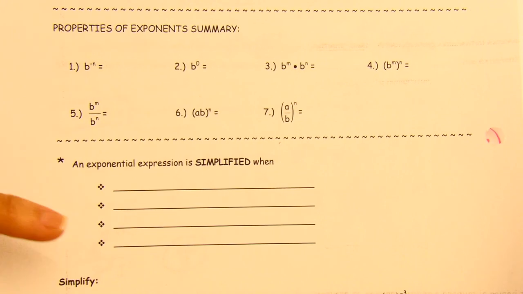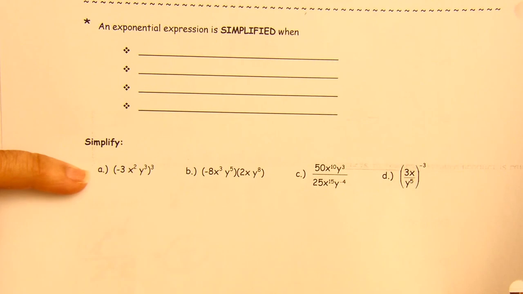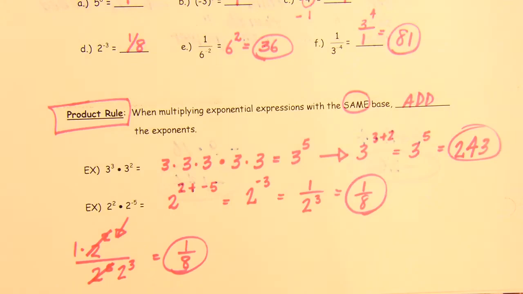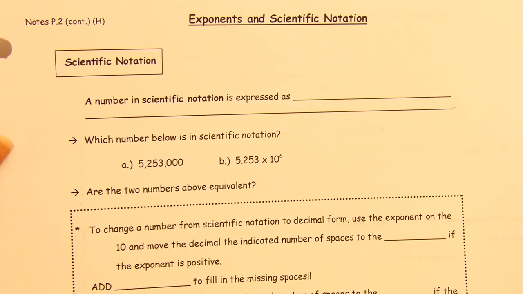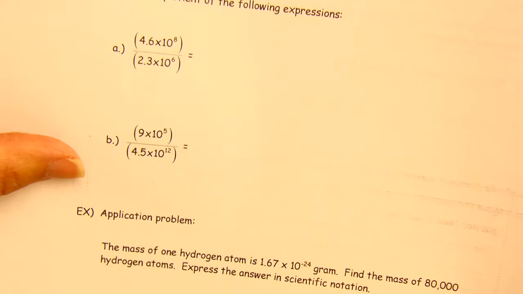All these things must be true. And then we're going to do some problems that involve a whole bunch of this stuff together. And then we're going to take a look at scientific notation, how to multiply with it, how to convert from scientific notation to decimal form. Here's where we're going to be multiplying with them and then dividing with those expressions, and then we'll have an application problem.